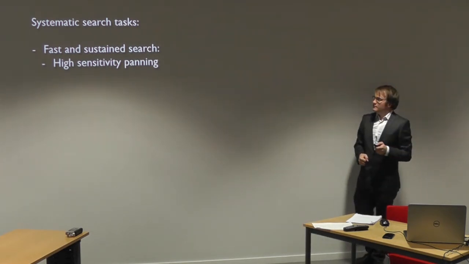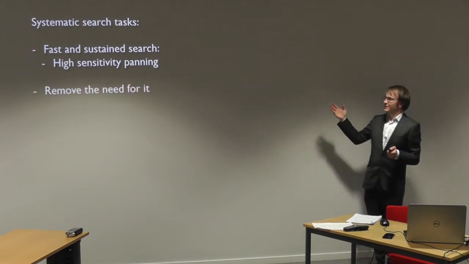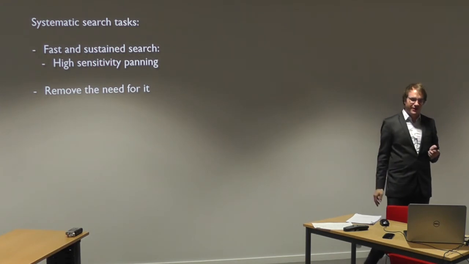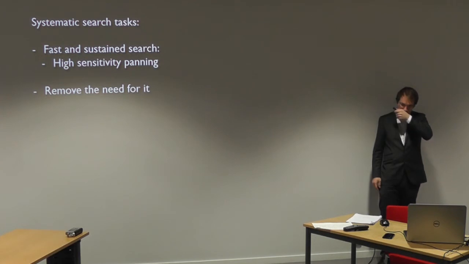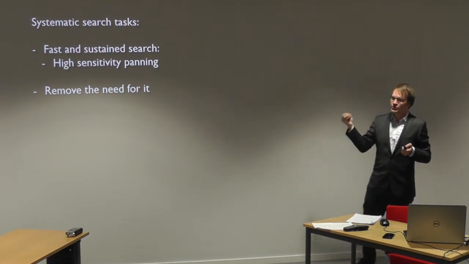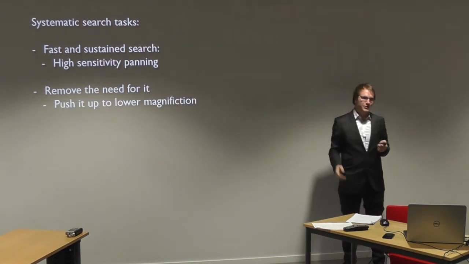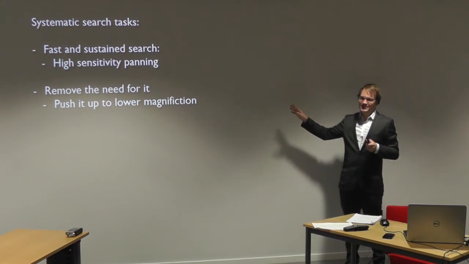And of course, in other domains as well, it would be possible to try to find a way to remove the need of doing the scanning anyway. One way is to push the information up into a lower magnification in a smart way. In maps, they already do this.